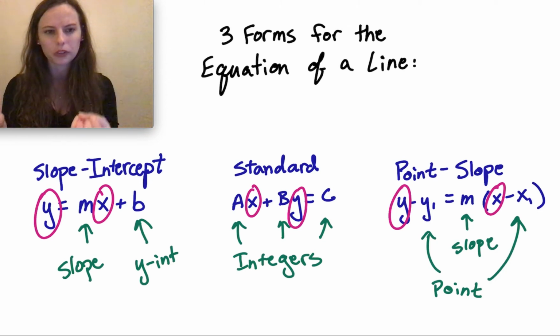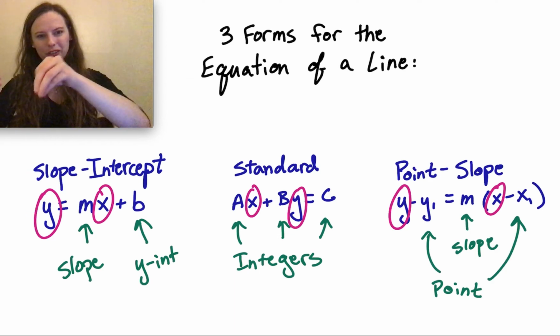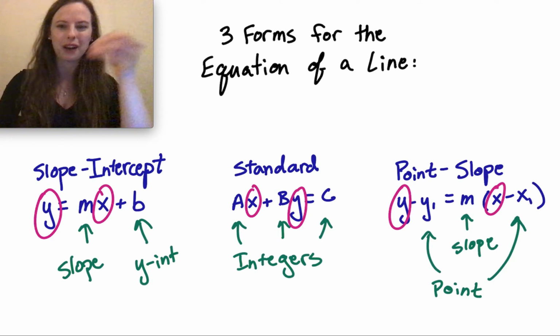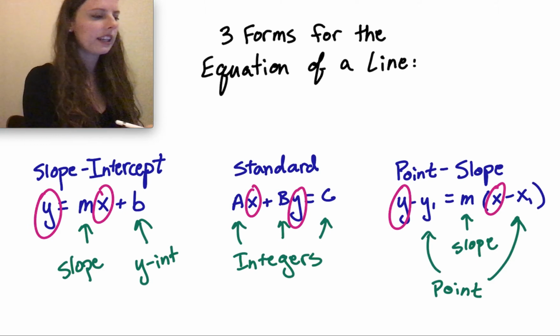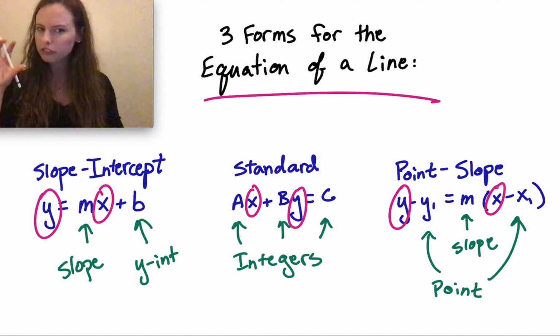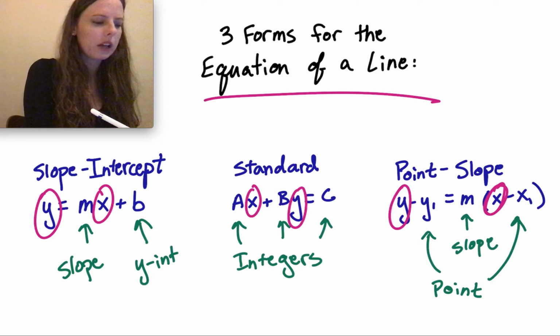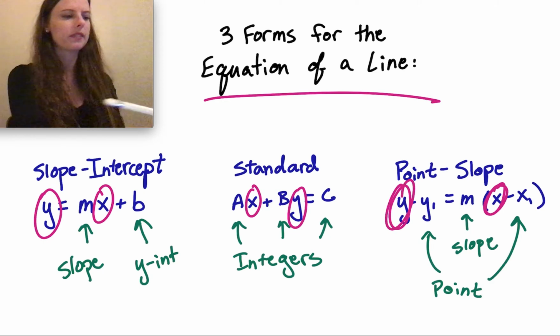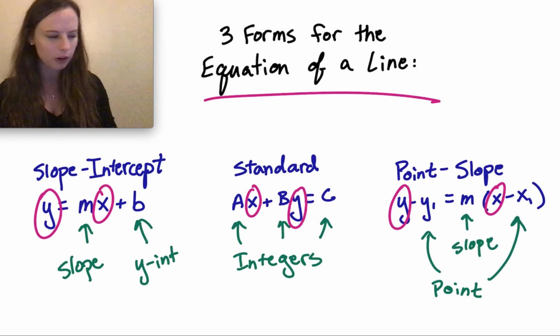They are placeholders for us to plug numbers in, and then the y is a placeholder for us to get outputs out. So it's very important when you're writing the equation of a line that your final answer, the equation, has that x and y in the equation. If you just fill in everything with numbers, you're doing something wrong.